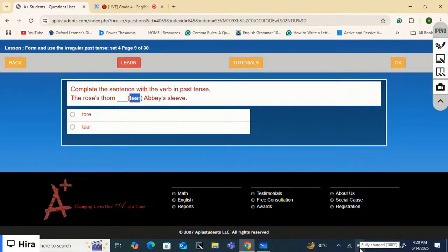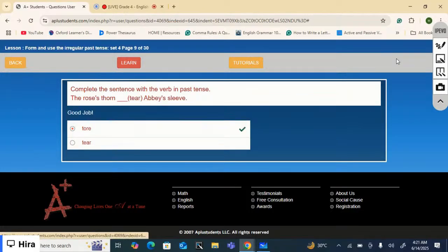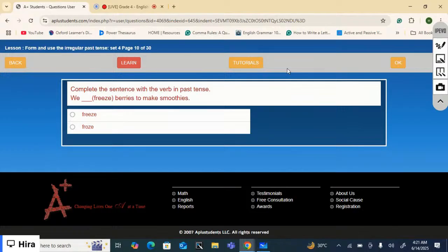Tore. Excellent. You know all the verbs, all the irregular past tense verbs. Very good. The rose's thorn tore Abby's sleeves.